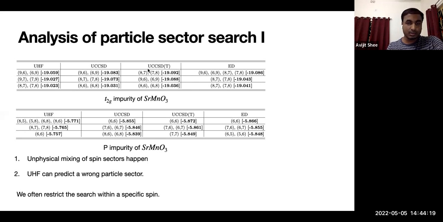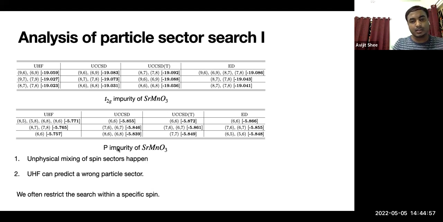But because of the unrestricted nature of the theory, this can be spin broken, and this is not a spin-perfect theory. Therefore, one can easily see that these degeneracies are lifted in these theories, and UCCSD and UCCSD(T) predict slightly different ordering, and more importantly, they are not the same with respect to ED.